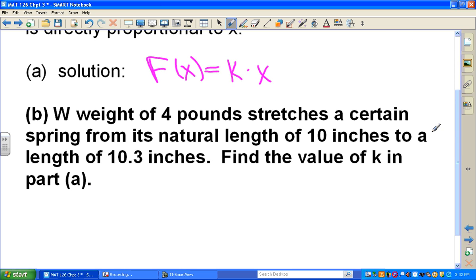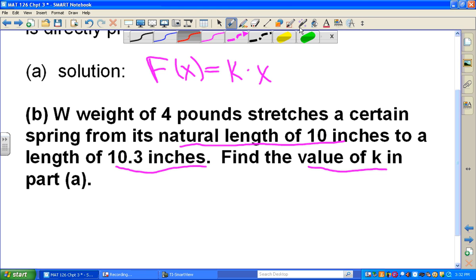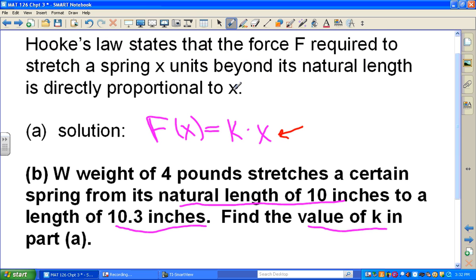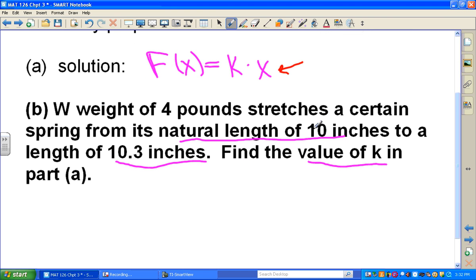The weight, 4 pounds, stretches a certain spring from its natural length of 10 inches to the length of 10.3 inches. Find the value of k. Shouldn't be too difficult. X is the units beyond its natural length. So in this case, x is going to be 0.3.